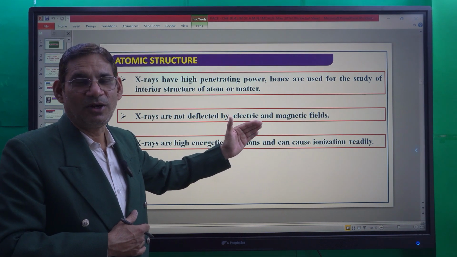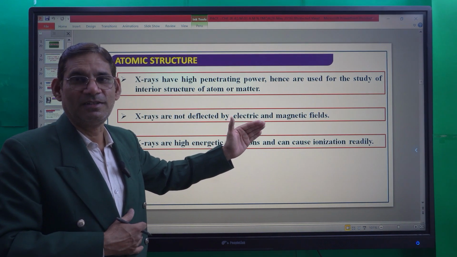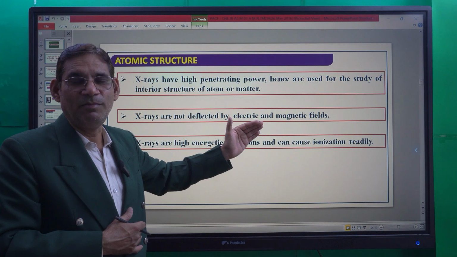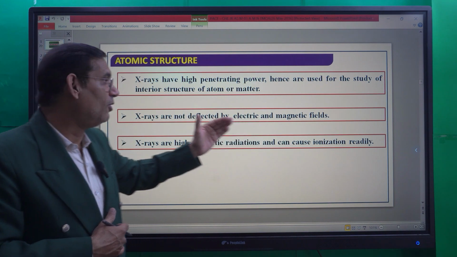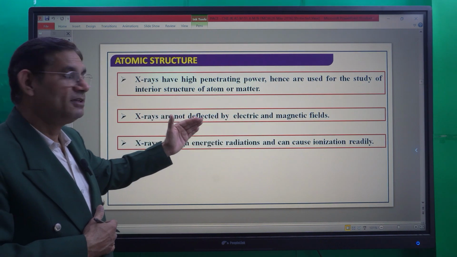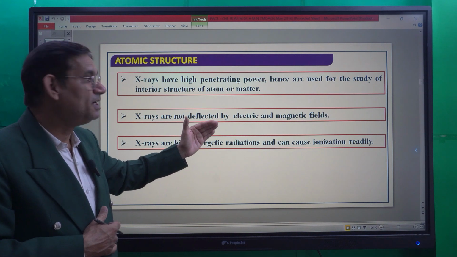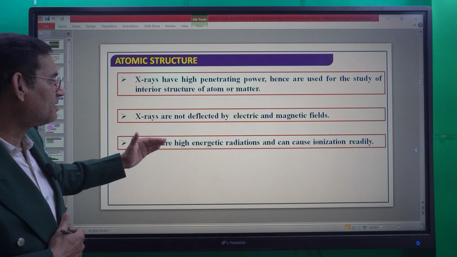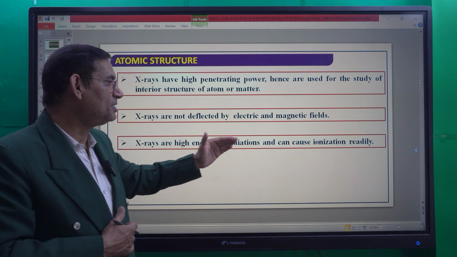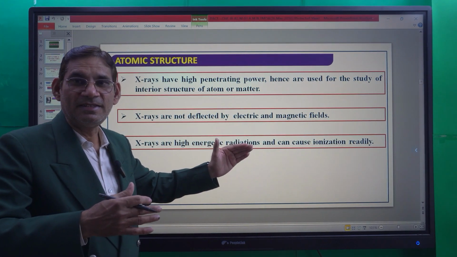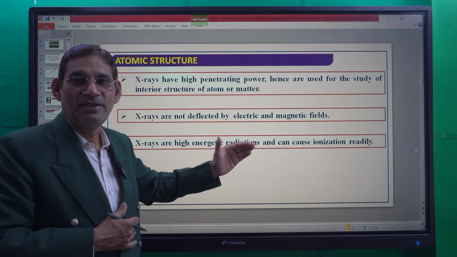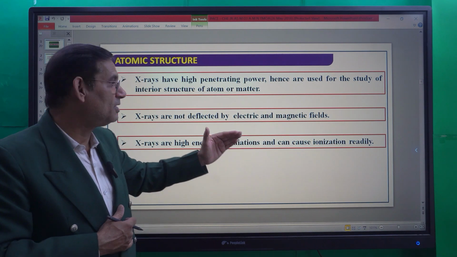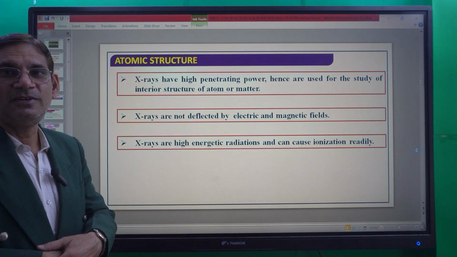It means X-rays are not made of charged particles, so they will not be deflected by electric and magnetic fields. X-rays are very high energy radiations, so they can cause ionization of gases.